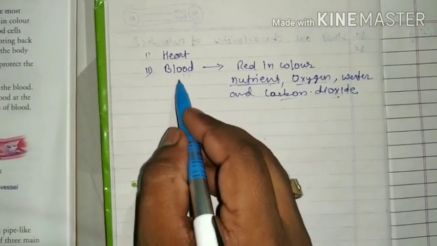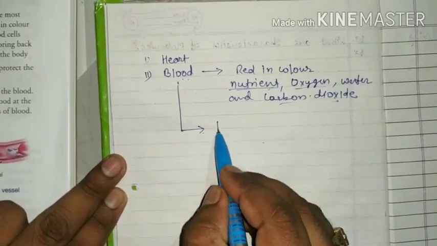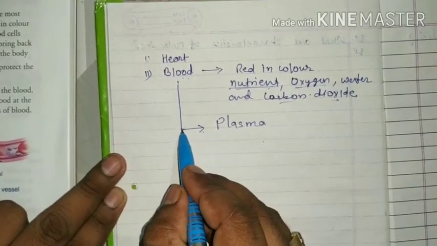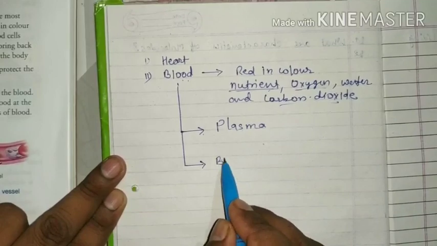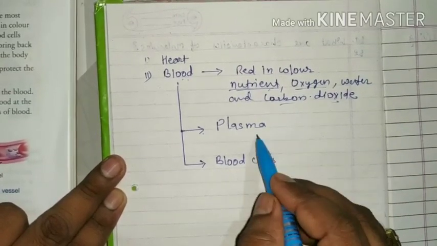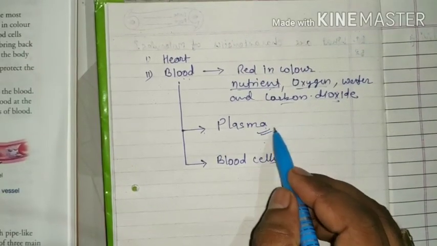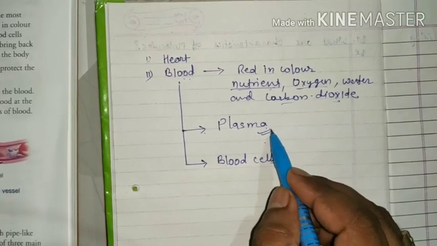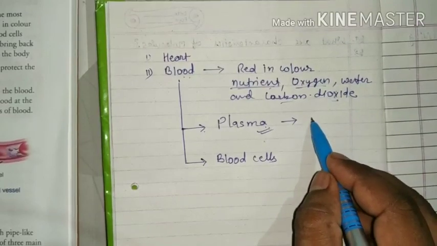The main components of blood are plasma and blood cells. Plasma is actually also a liquid in which blood cells are present.